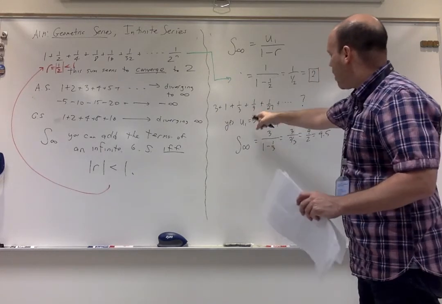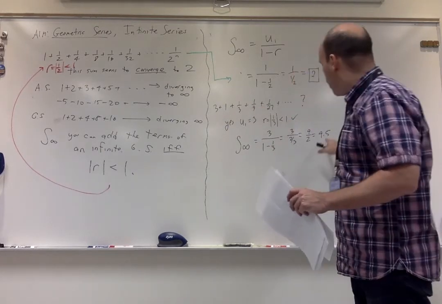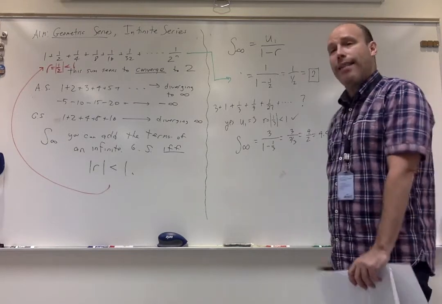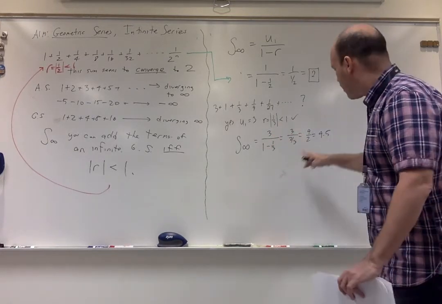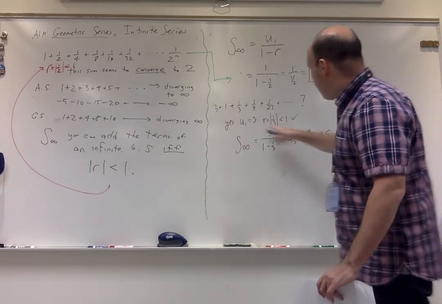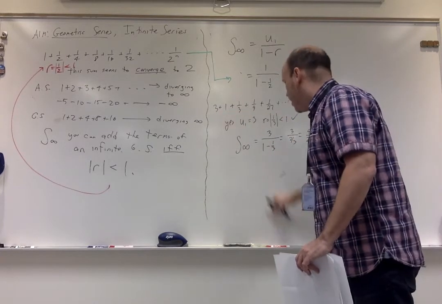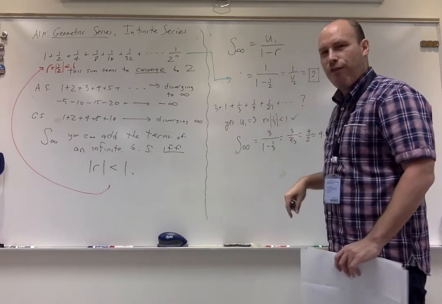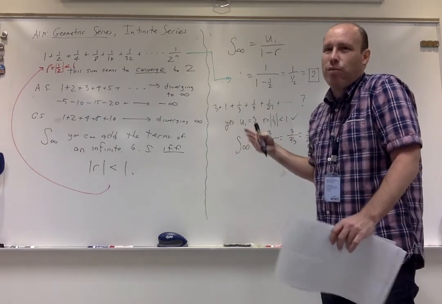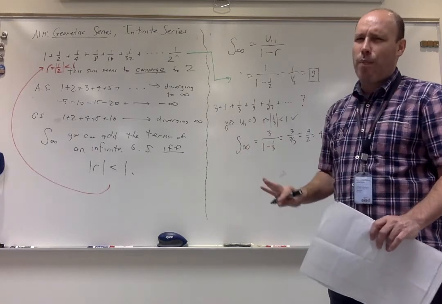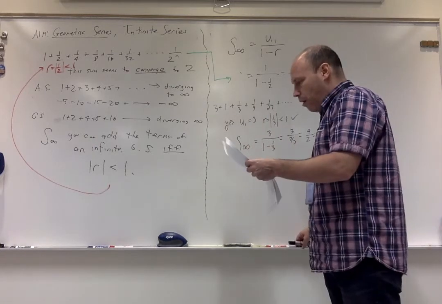What's even more interesting is that this part, it's 4.5. It's kind of cool. I think that's interesting. Something more advanced, just by looking at this, if this is 4.5 and this is 4, that means this part is a half. A third plus a ninth plus a 27th to infinity equals a half, outside the scope of this class.